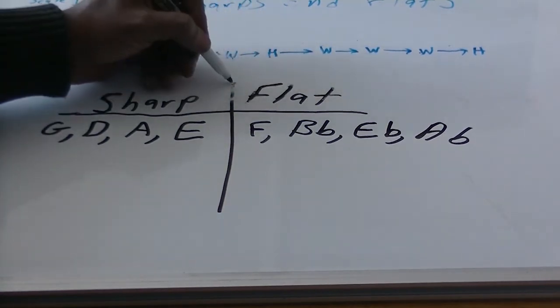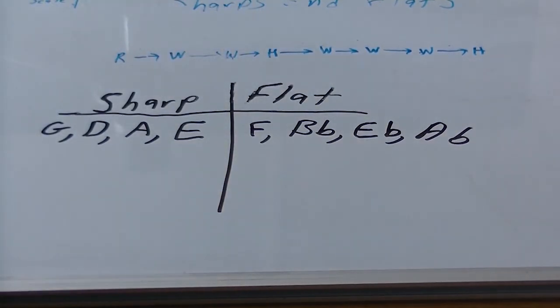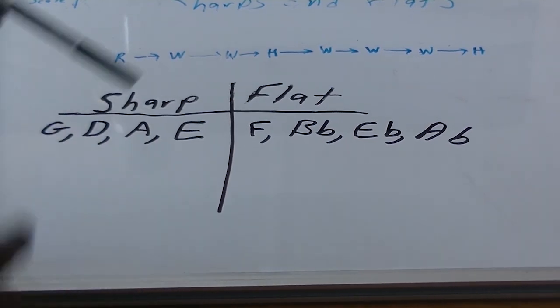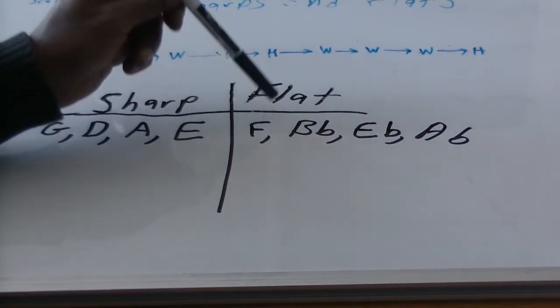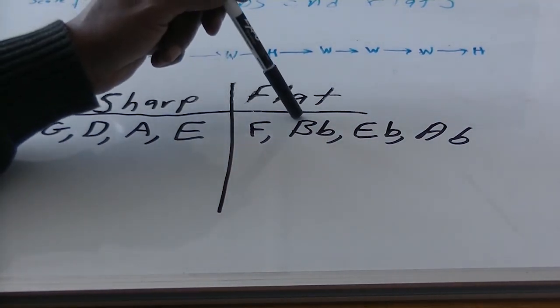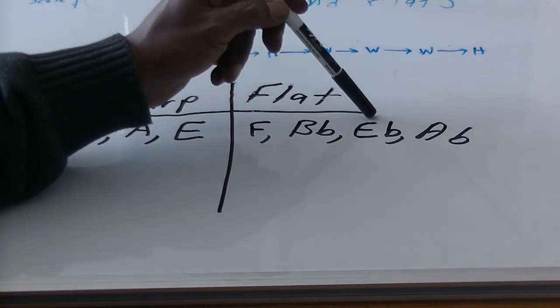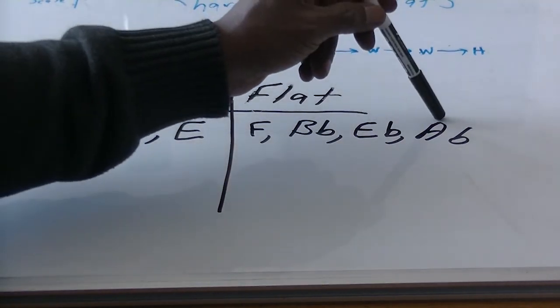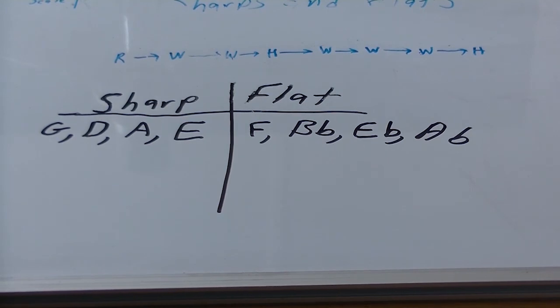And I'll just give you a little hint on this too. The F major scale contains 1 flat note. The B flat major scale contains 2. The E flat major scale contains 3. And the A flat major scale contains 4. Now these are 8 of the 12 major scales. So there's plenty of stuff for you to work on.